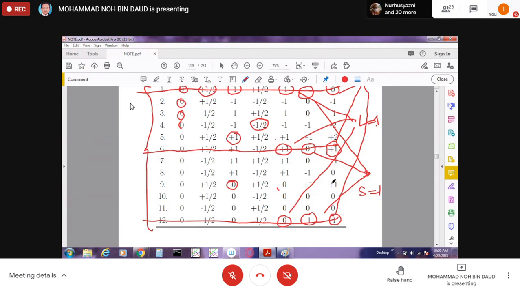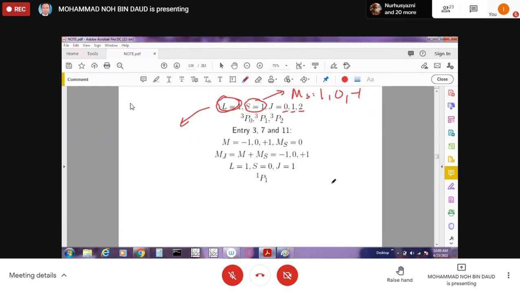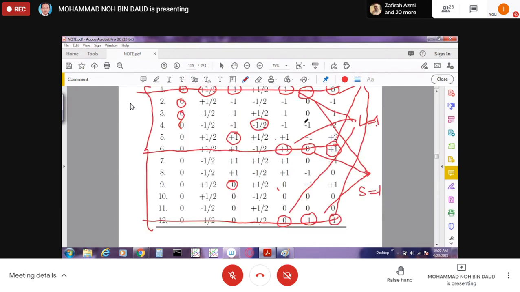Okay, cannot, sorry. Because we can only get here this one J, this J1, J +1. We want to have here this J with 3 J values, 0, +1 and +2.